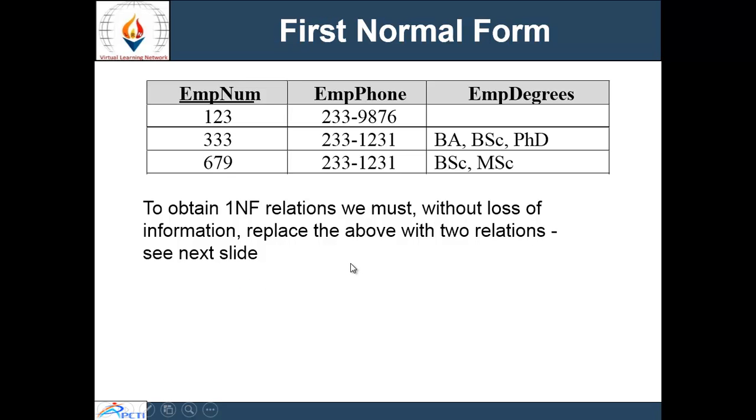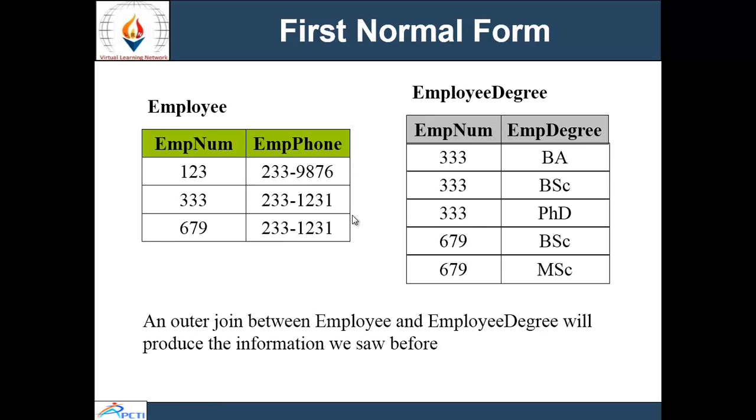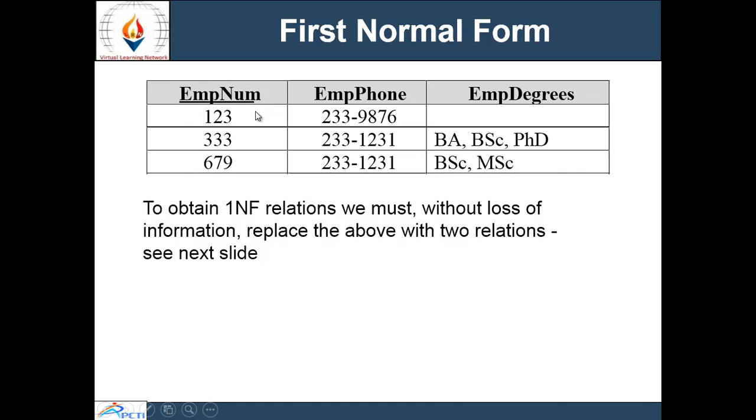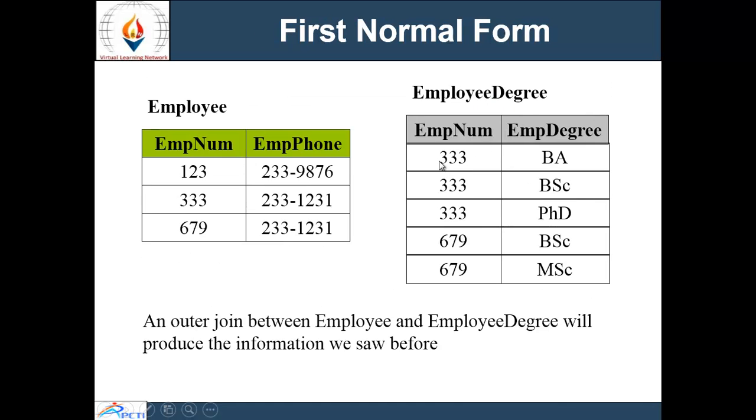And to obtain the first normal form relation, we create the following tables: EMP num, EMP phone and EMP degree is divided into 2 tables, the first contains EMP num and EMP phone, and the second contains EMP num and EMP degree.